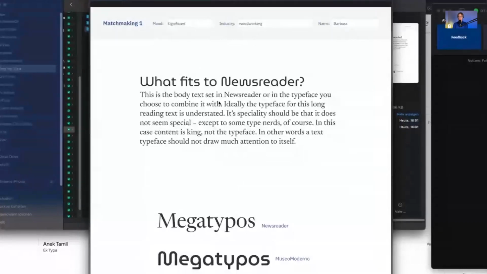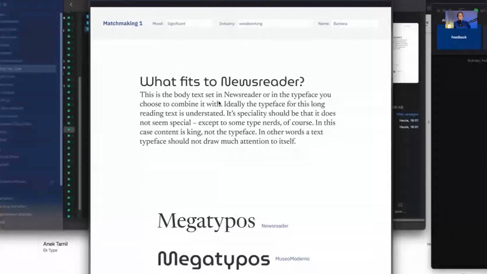They are so different that, again, it works. If I get the feeling of significant and if it really fits the woodworking industry, not sure about that. It seems to be a bit dated because it reminds me a lot of the 70s and this stuff. But from the combinational point, they are contrasting enough to work together.